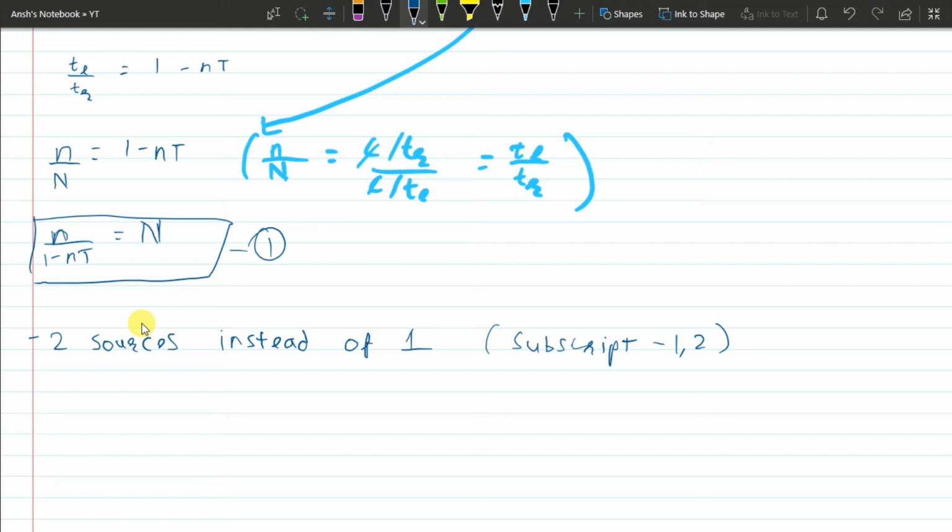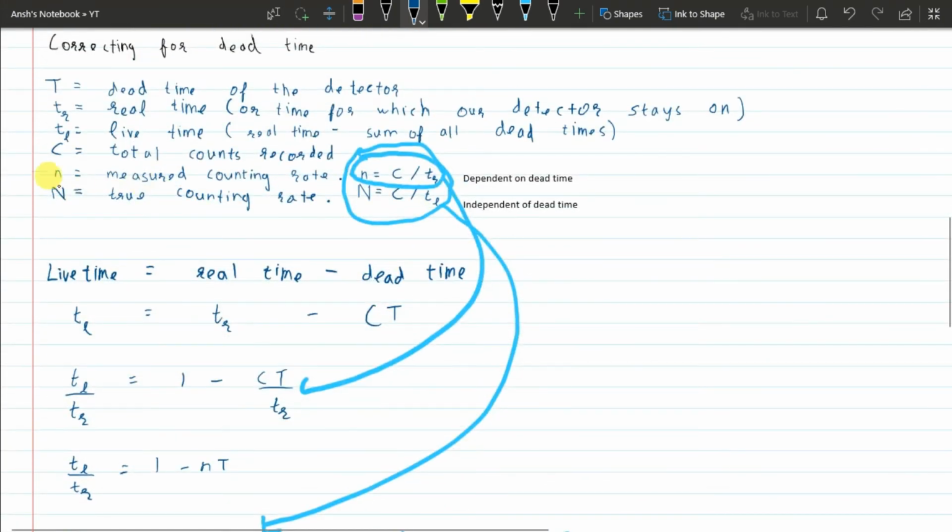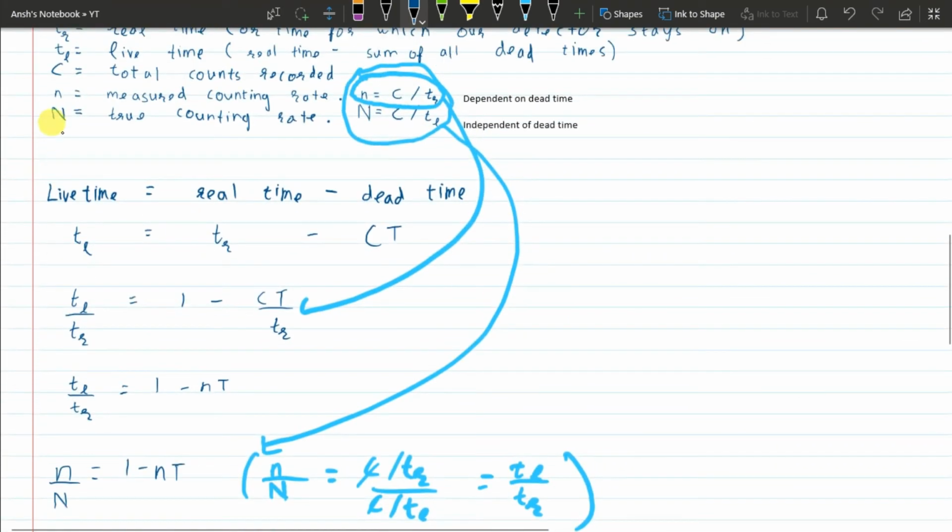Say you have the first source, our detector is placed near the first source, and it measures small n, which is a measured counting rate. Remember that small n is the measured counting rate and capital N is the true counting rate.